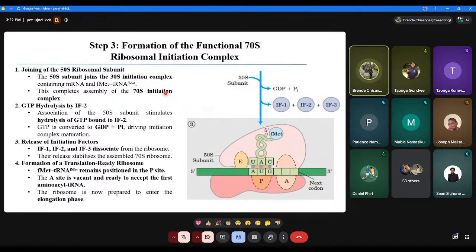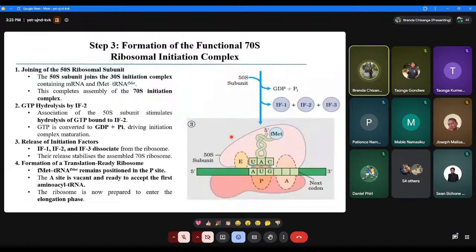What normally happens is that the association of the 50S ribosomal unit and the 30S ribosomal unit causes instability of some of these factors, such as IF3, that were preventing this small ribosomal unit from associating. And also the release of these initiation factors is made possible by hydrolysis of GTP, providing energy for all those molecules to be pushed out of this ribosome.